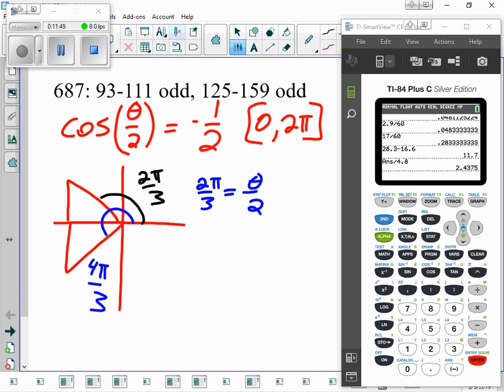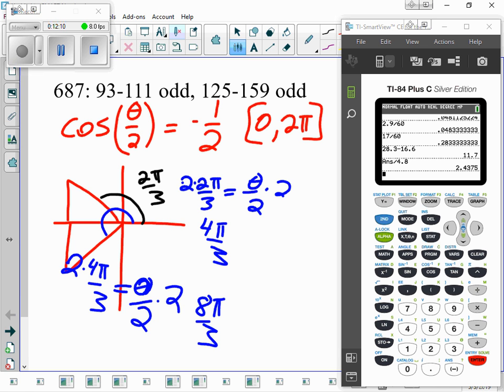So I just times by 2, and I get 4 pi over 3. Is that in the window? Yes. Okay. Do the same thing with the next one. Times by 2, and I get 8 pi over 3. 8 pi over 3 is not in the window, so it turns out that's the only answer.